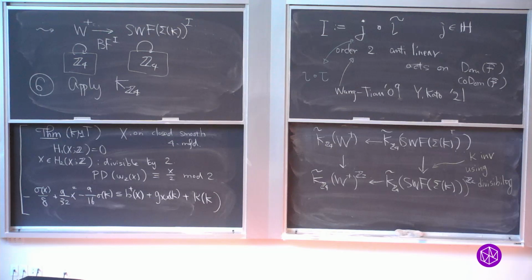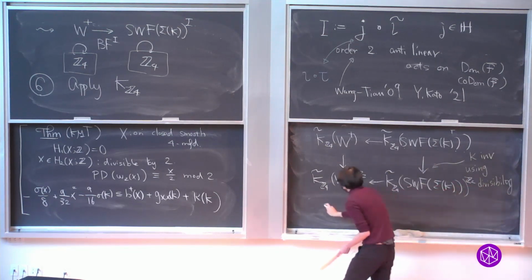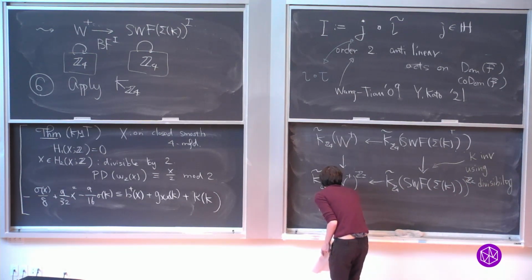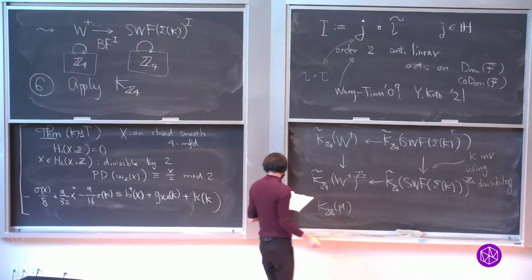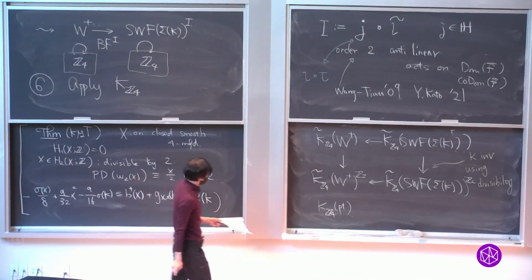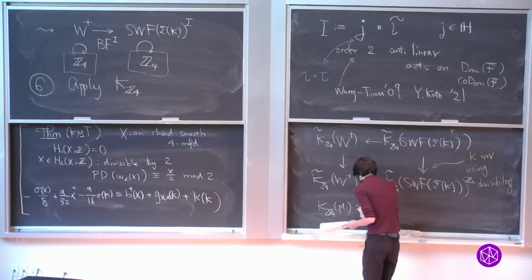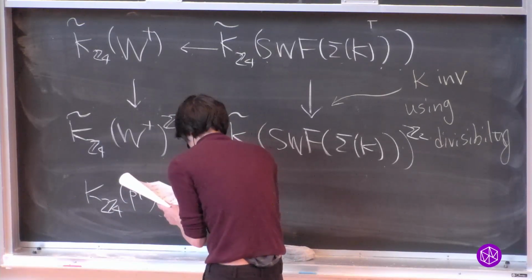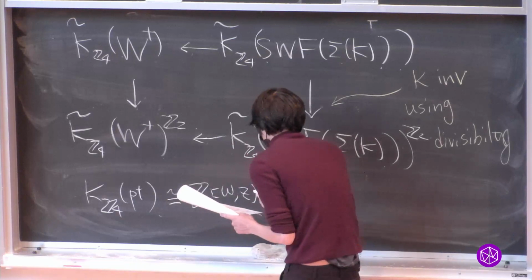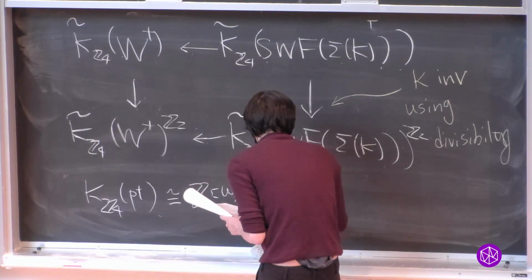What does this mean? If you think about the D4 equivariant K-theory for the point, this is isomorphic to the following two variable ring.